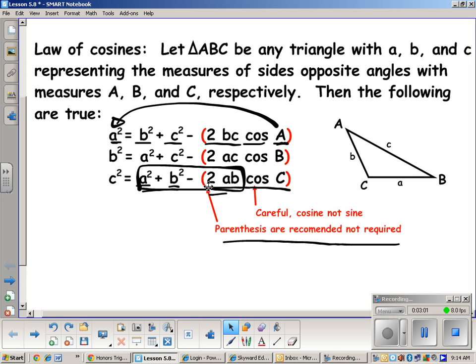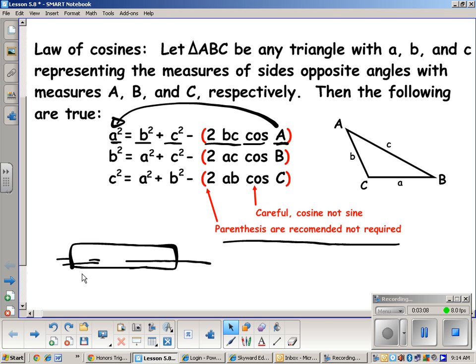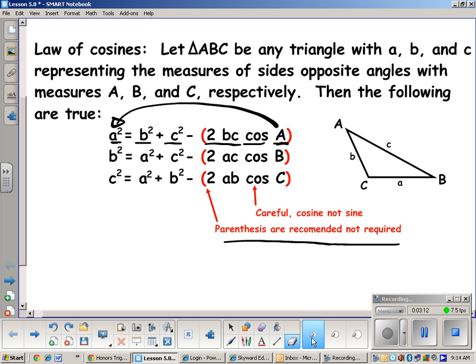So my warning to you is not to do that. To help you not to do that, I always recommend that we put parentheses around that. Again, just following the rules for order of operations, it's not necessary. It's redundant. But it's just a reminder to do all this before you start adding and subtracting it to the other stuff. So be aware of that.